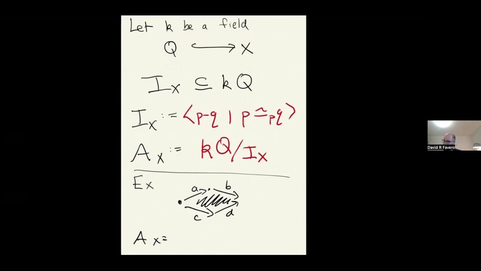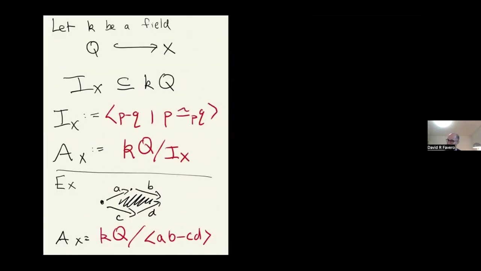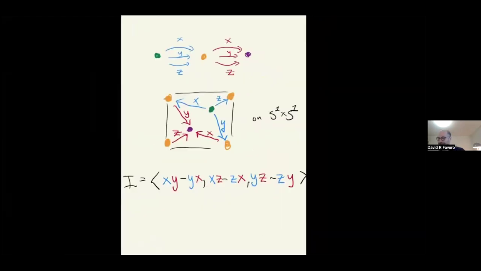So, for example, if this is my topological space, a closed disk, then this path is homotopic to this path. And so the algebra would be KQ mod this single relation, AB minus CB. Okay. Questions? Okay. That's it. That's either good or bad. We'll see.